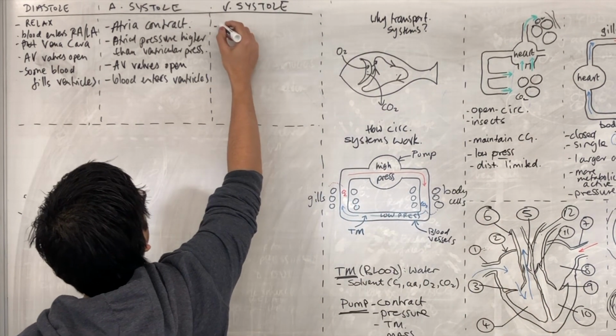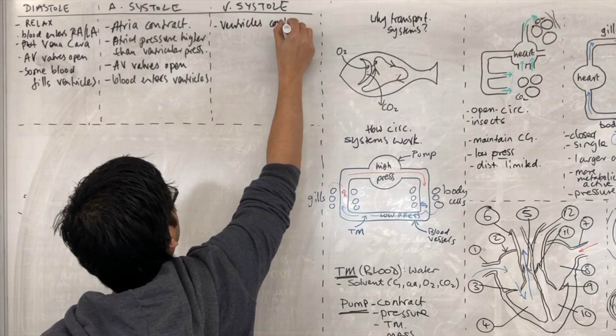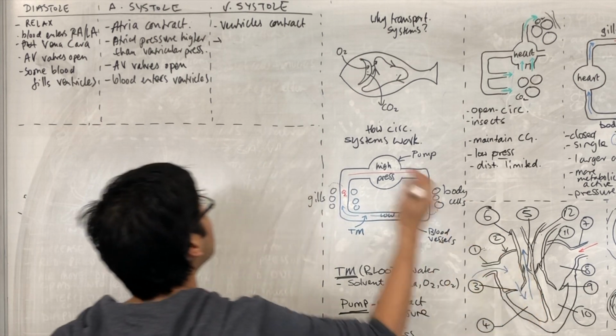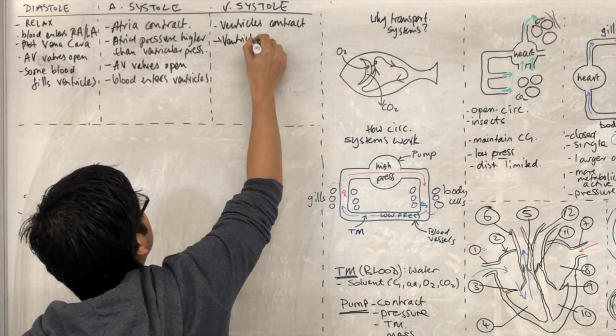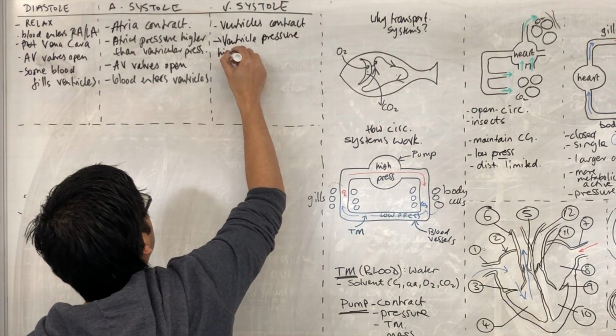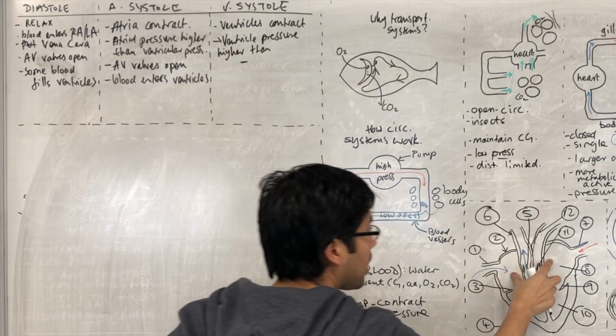So ventricles contract. So what? Well, if the ventricles contract, then now the ventricle pressure is higher than both the atria.